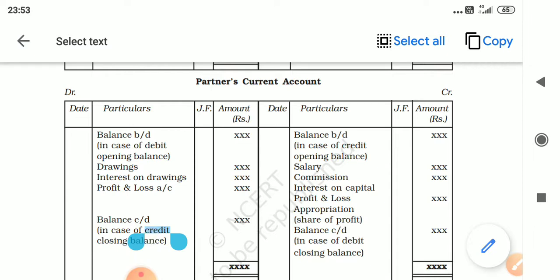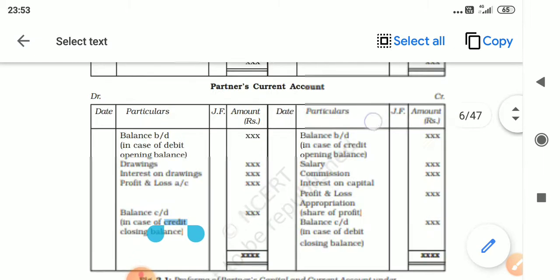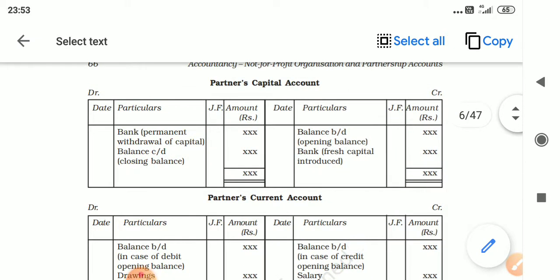Now, why is this method called fixed capital method? Because under this method, most of the times, the opening capital balance and the closing capital balance will remain the same, unless until a partner is introducing fresh capital or a partner is making permanent withdrawal.